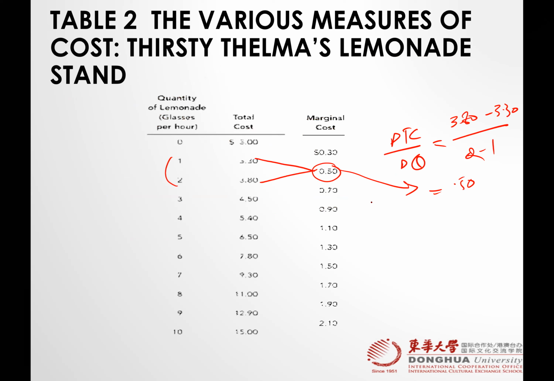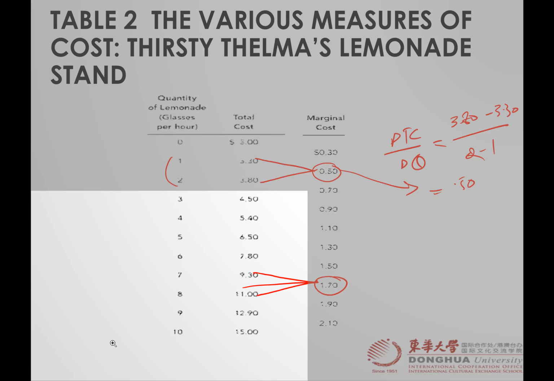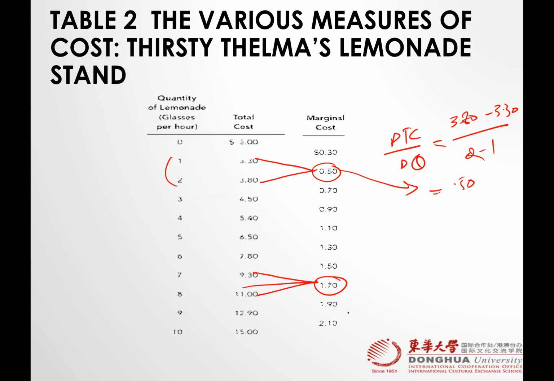So that's why it's 0.50. Where did this 1.7 come from? Because marginal cost is written in the middle, so it should be here. Right? So here we go. 1.7 came from change in total cost, 11 minus 9.3, divided by 8 minus 7, 1.7. Understand?